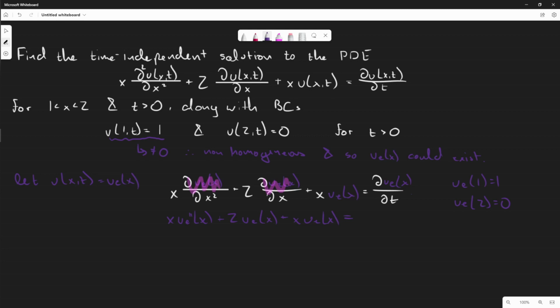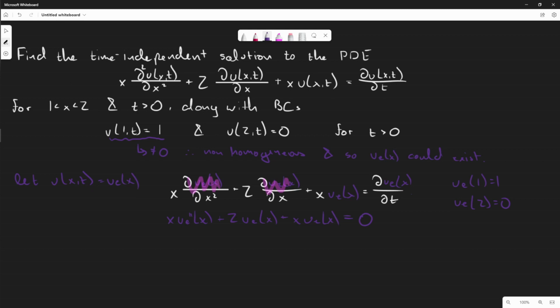You're taking a derivative of one variable with respect to a function that has one variable. The only difference is we are taking the derivative with respect to a variable that's not in the function, and so that will just become a constant, or we can treat it as a constant, and therefore the right side would just be 0. And so here you have a regular ODE.